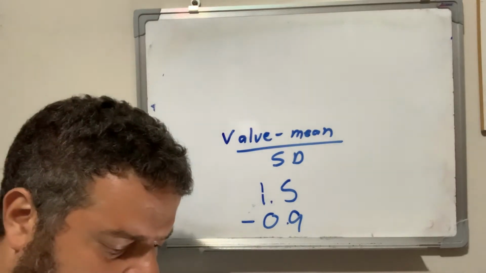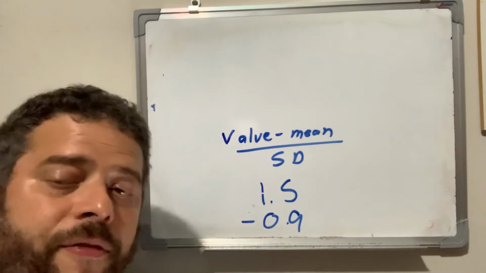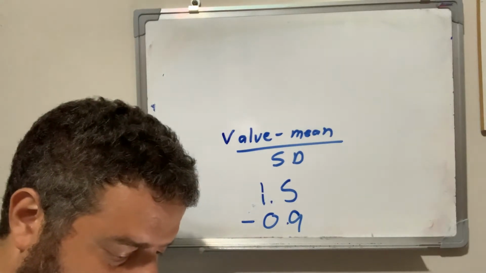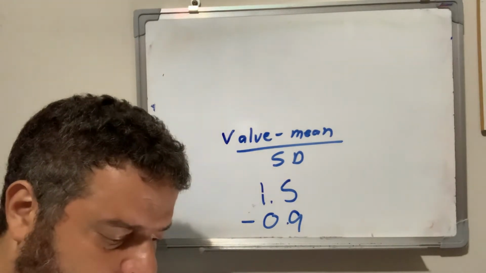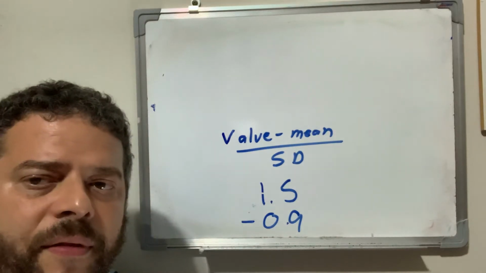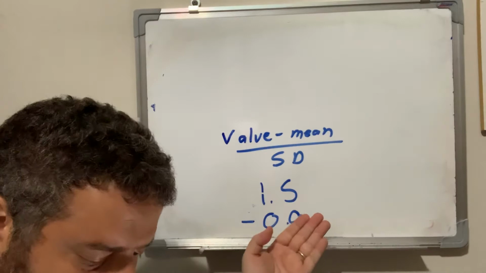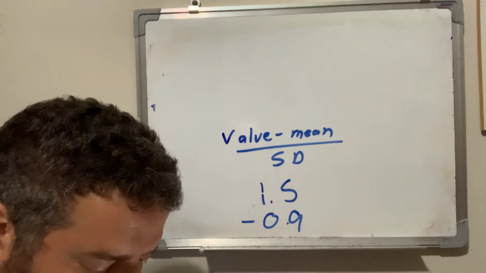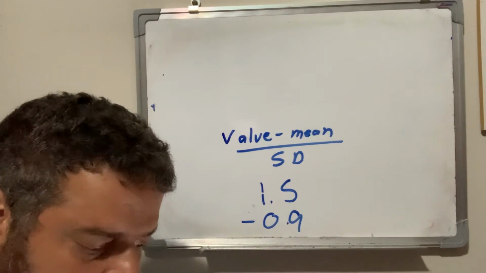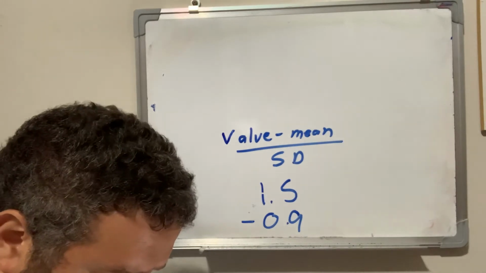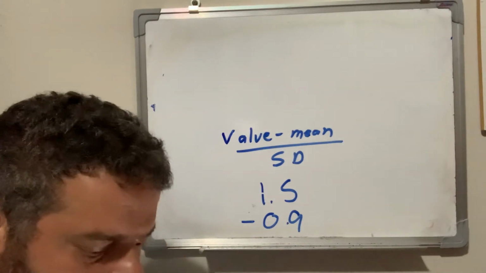They tell me that the mean was 35.44 and the standard deviation was 8.77. So you just evaluate the target minus the mean divided by the standard deviation, and you would be done. Pretty straightforward.